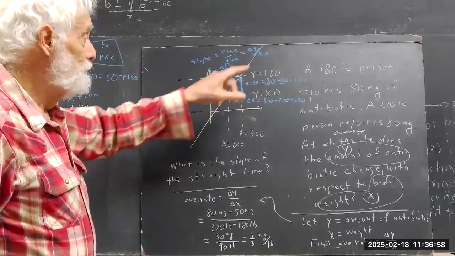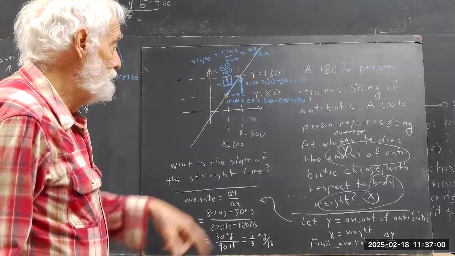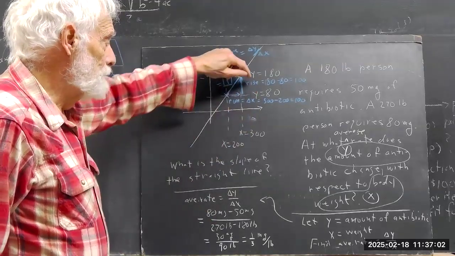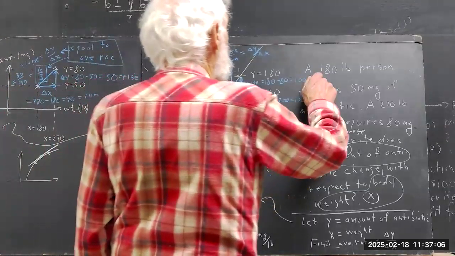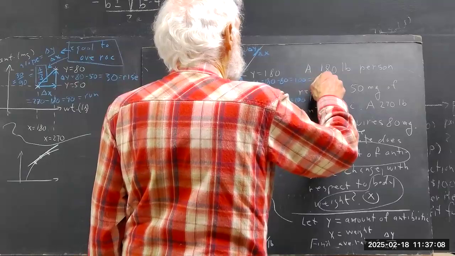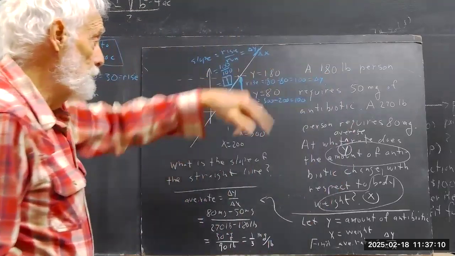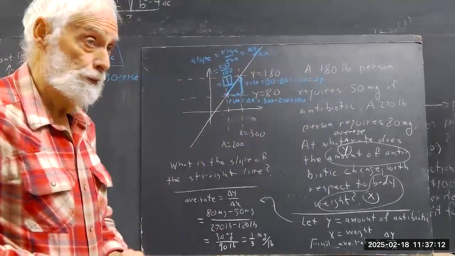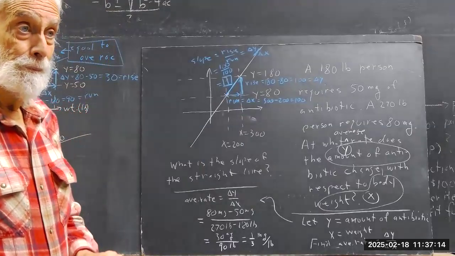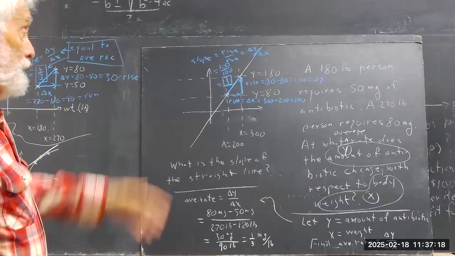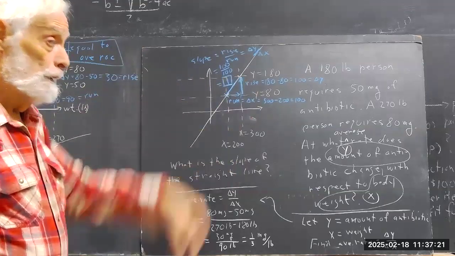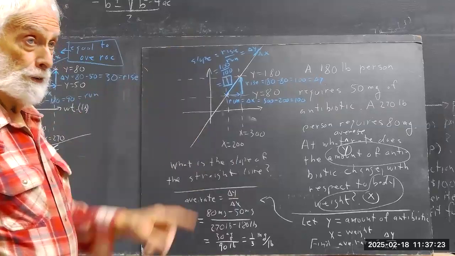I label the run, I label the rise. We would identify the rise with delta y and the run with delta x. Okay. And then if we know slope is rise divided by run, that immediately tells us, once we've calculated these things, how to get this.